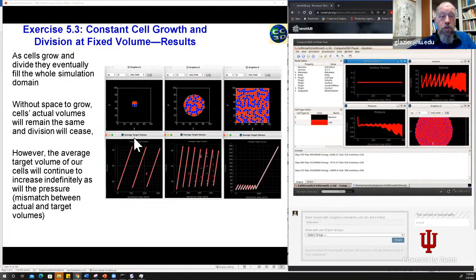Also here, I've averaged the target volumes and the pressures instead of looking at all of them. But they're not very different. What I see here is that the volume of the cells all goes down simultaneously.